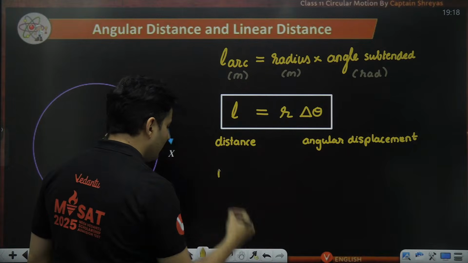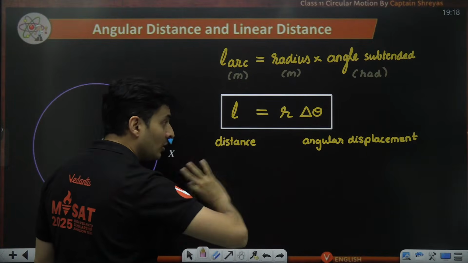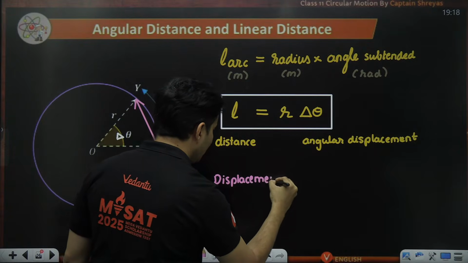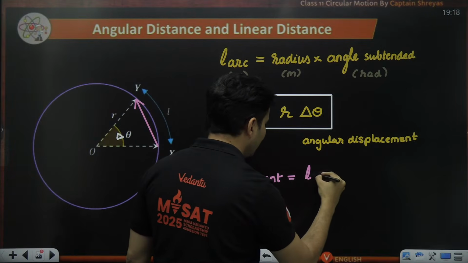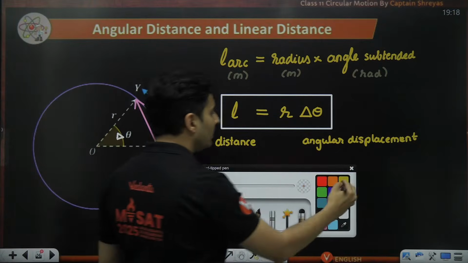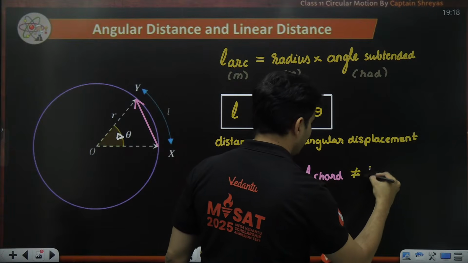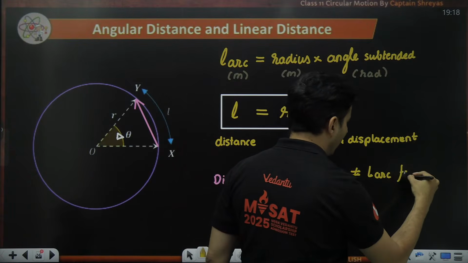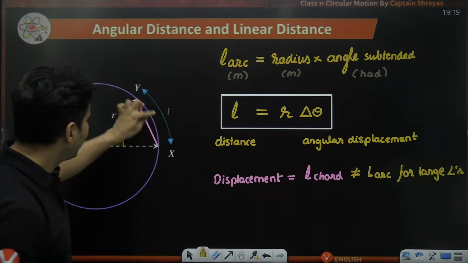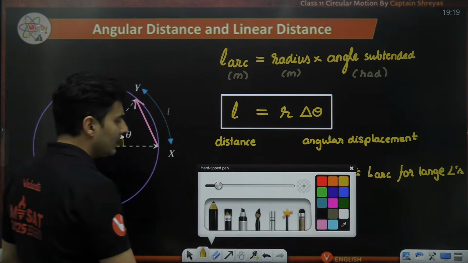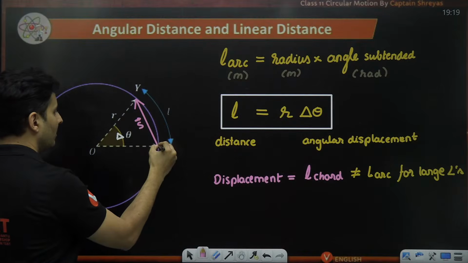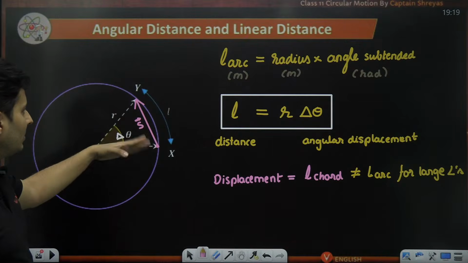If the normal displacement is asked, not angular displacement, it will be nothing but the length of the chord, which is not the length of the arc for large angles. Is that right? Because arc length will be more, chord length will be less. So this is nothing but your displacement vector, from initial to final. That is a completely different thing.